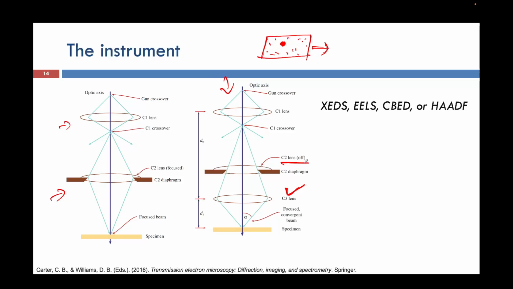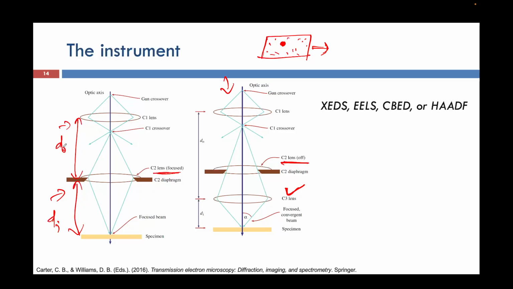So in the C3 lens, when I am putting it, you see it here, that C2, that means my condenser lens, I'm not using my condenser lens. What will it do if I'm not using my condenser lens? See here, if I'm using my condenser lens, in this case, this is my DI and this is my DO.